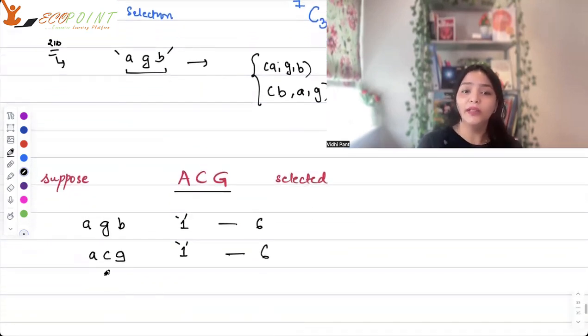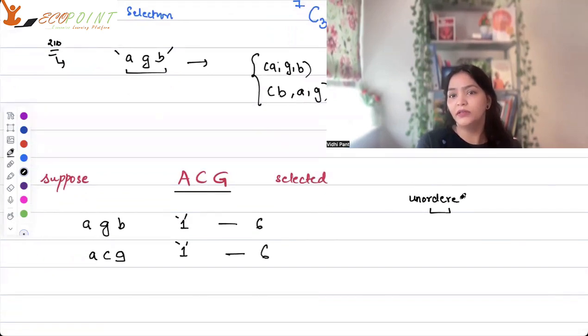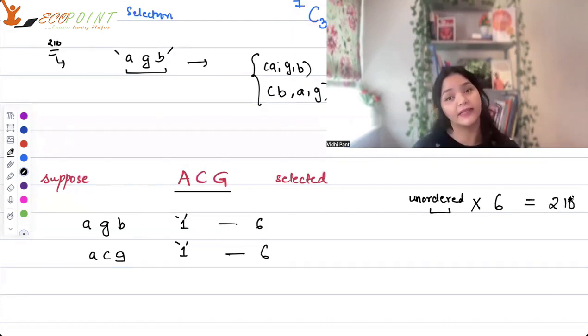So all the cases, जितने भी cases हैं, 210 cases थे. So जो आपके अनऑर्डर्ड केसेस हैं, ओके, अनऑर्डर्ड केसेस into 6 is giving you 210 cases because every case is 6 times.